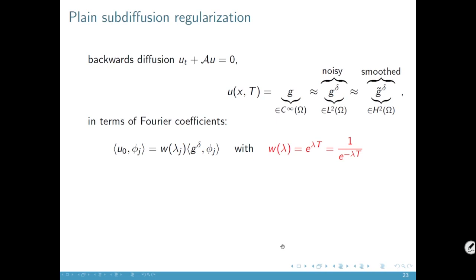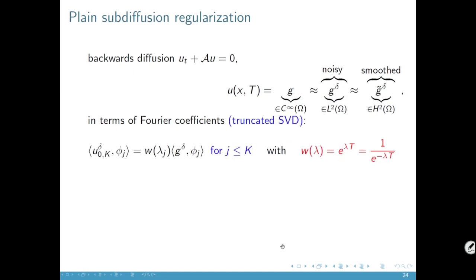So with this exponentially increasing amplification factor, we can certainly not do this for all j. If we go back and insert in our representation formula where we sum over all j's, we cannot do this because this G delta is not the exact data, so there's noise in there which will be exponentially amplified, with a factor that goes to infinity rapidly. So we will be able to do this only for a few j's up to some index k.